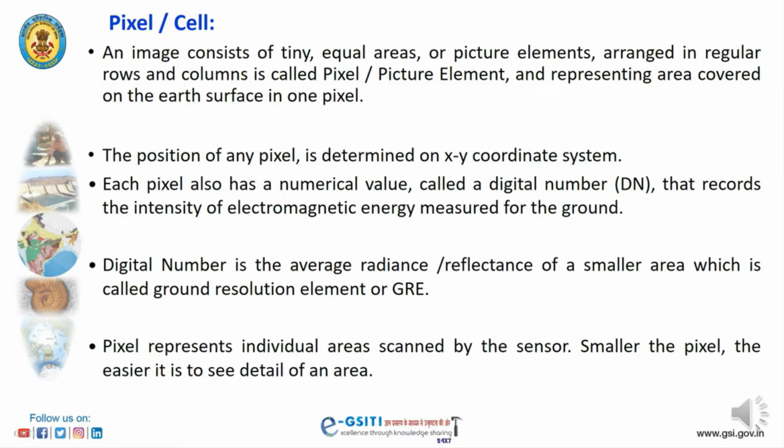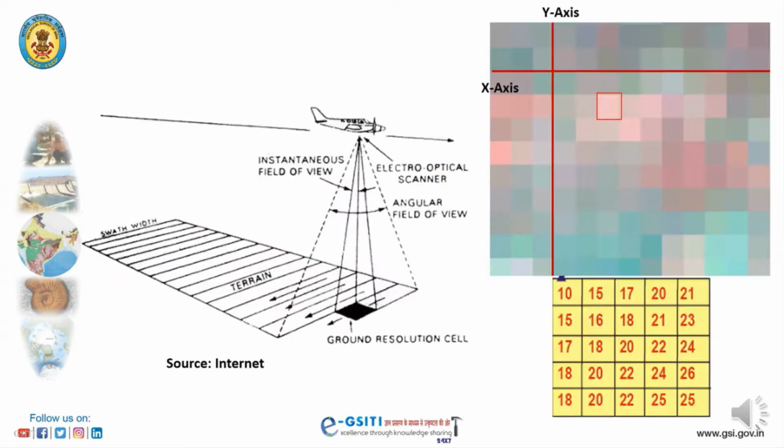Each pixel also has a numerical value called digital number or DN that records the intensity of electromagnetic energy measured for the ground. The digital number is the average radiance or reflectance of a smaller area, which is called ground resolution element or GRE. A pixel represents the individual area scanned by the sensor. The smaller the pixel, the easier it is to see details of an area.